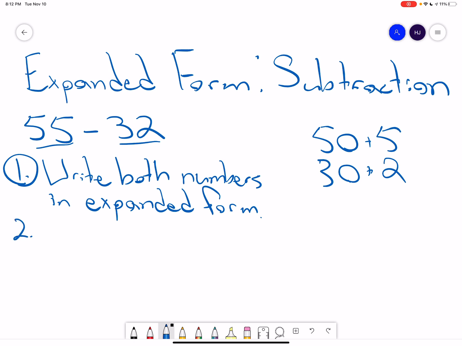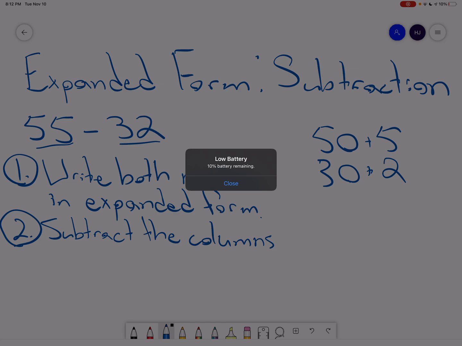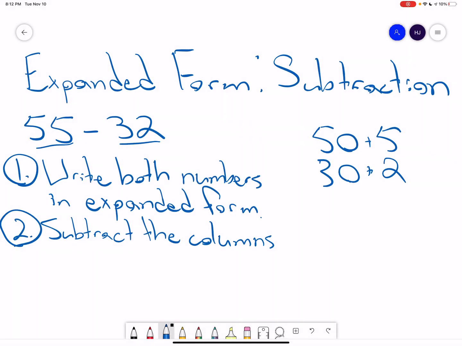And then step 2 is actually the only difference between subtraction and addition. And that is going to be, instead of adding our columns, we're going to subtract the columns. Okay?